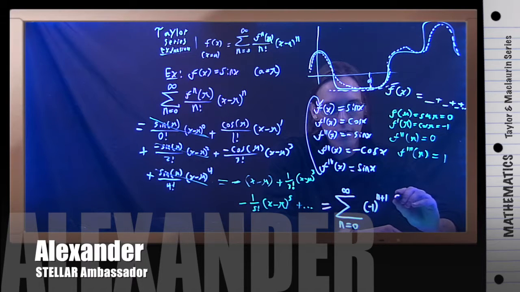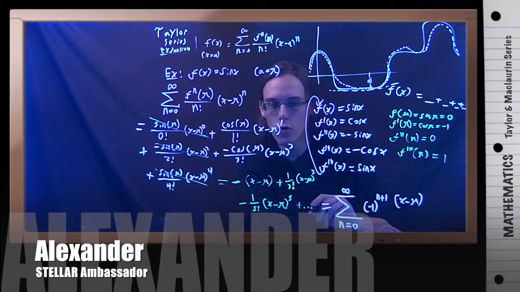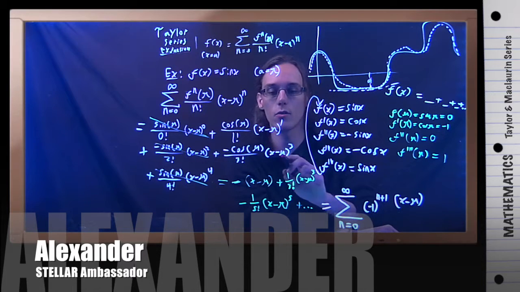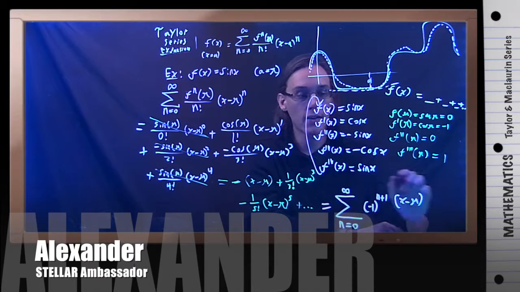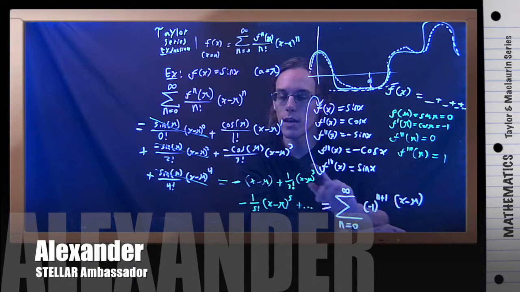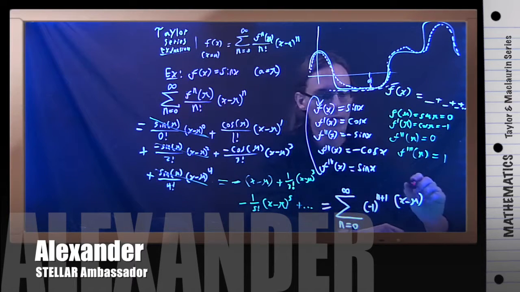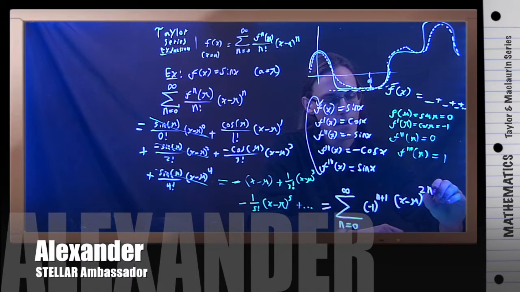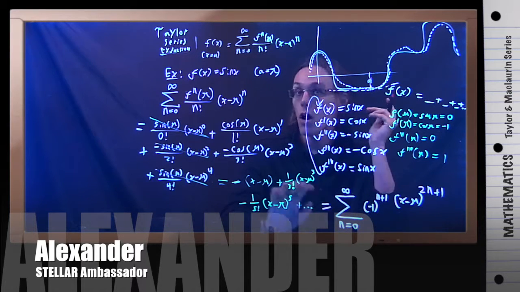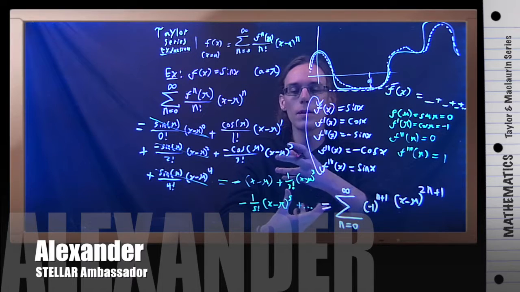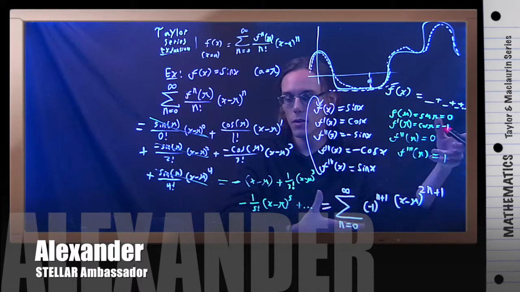Then I'm going to have my (x minus pi) to, okay, n plus 1 again, right? Because it goes 1, 3, 5. And it's actually not n plus 1. It's going to be 2n plus 1, because these are odd powers. And to be an odd number means that you can be written as 2 times something plus 1.